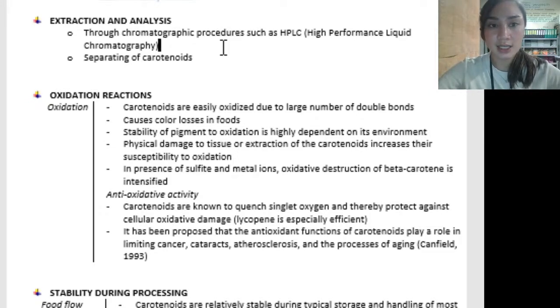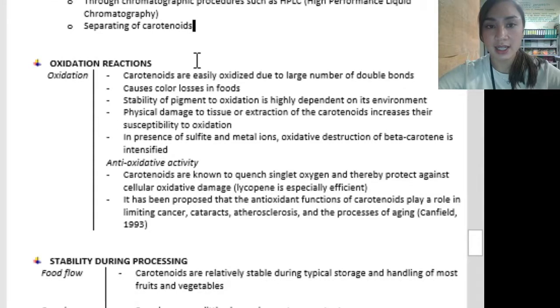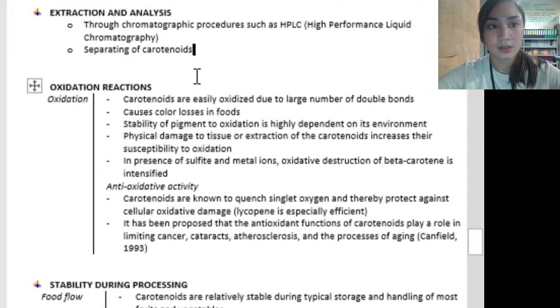Actually, HPLC is halos sa lahat ng chemical extraction, ginagamit ang HPLC, which is a high-performance liquid chromatography to separate carotenoids or maybe chlorophyll and other pigments. Even sa vitamins and minerals, ginagamit din ang HPLC. So, remember yung analysis na ginagamit, no? HPLC, High Performance Liquid Chromatography.